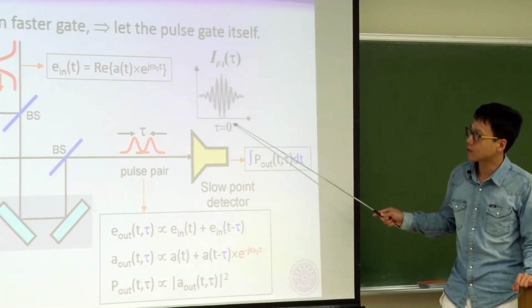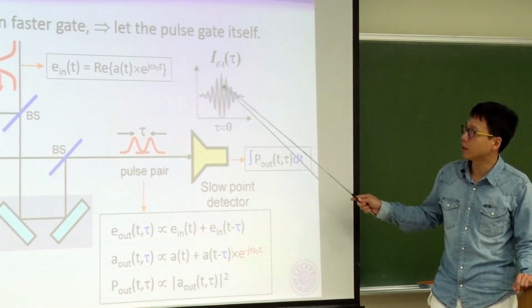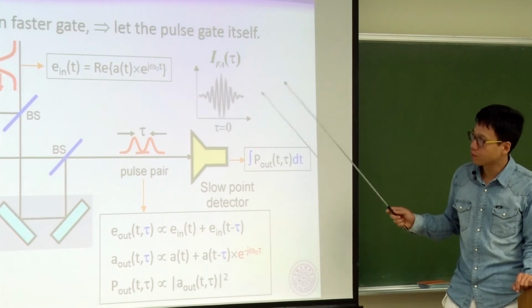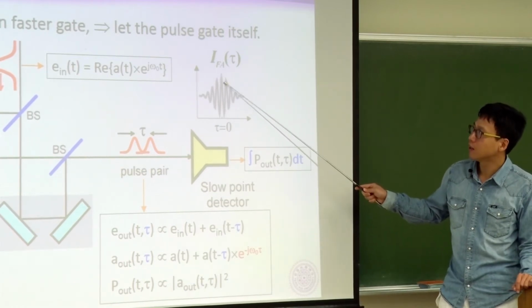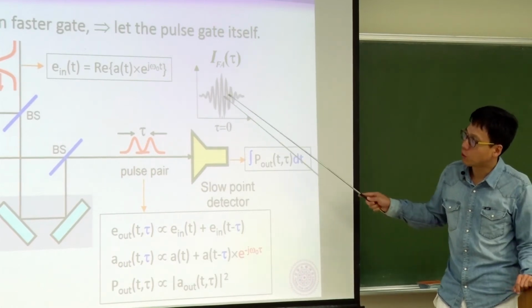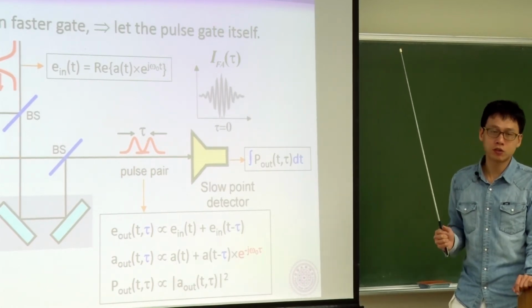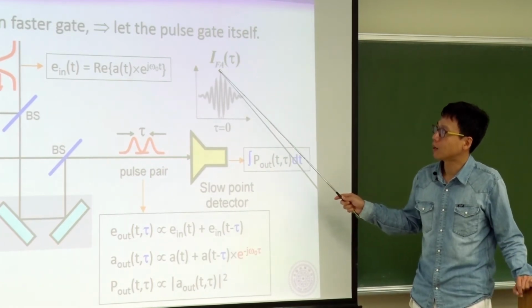Horizontal axis is delay axis. Center at 0 delay, you got the maximum signal. When you gradually scan the delay, you got different average powers. So point by point, you got a one-dimensional trace like this. And it's denoted by I sub FA.